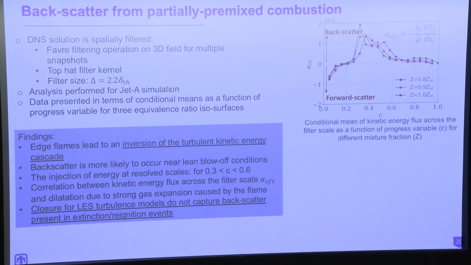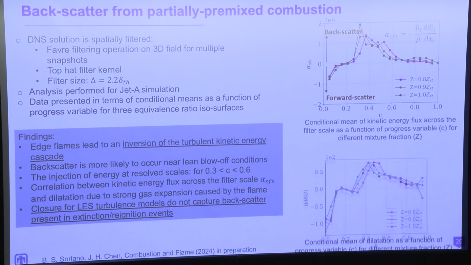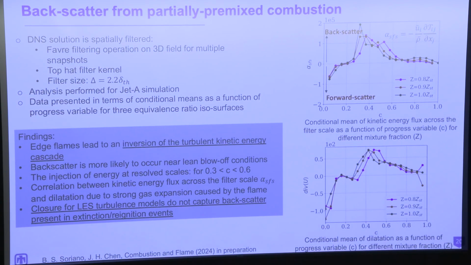And furthermore, we see that the correlation between this kinetic energy flux across the filter scale, alpha sub S of S, and dilatation, which is what I just brought up, the divergence of the velocity field due to strong gas expansion caused by this premixed leading edge flame, are highly correlated, especially in the range between 0.3 and 0.6 of the progress variable.